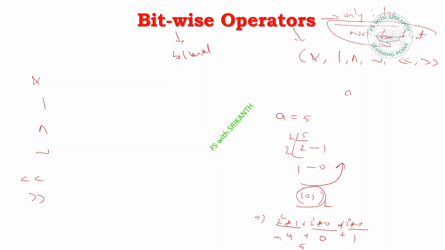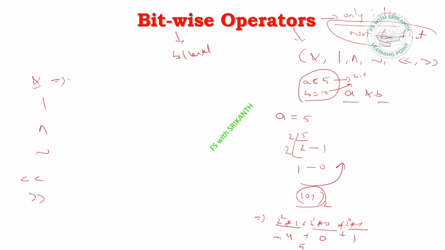So when you are doing A and B, A value is 5, B value is 10. First it checks the bit values, then it compares them. Directly it does not compare A and B. So this is a logical AND.